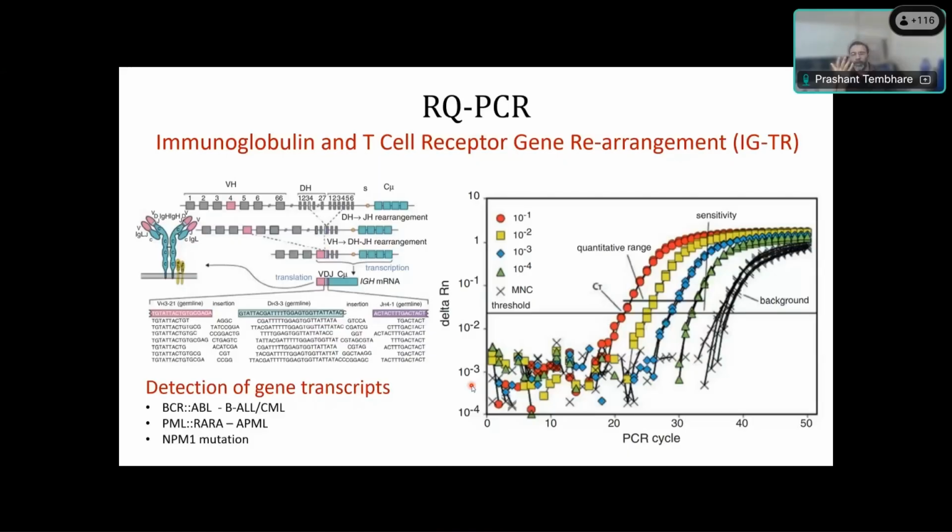Similarly, the other method of detecting the tumor cell or residual disease is to detect the transcript.